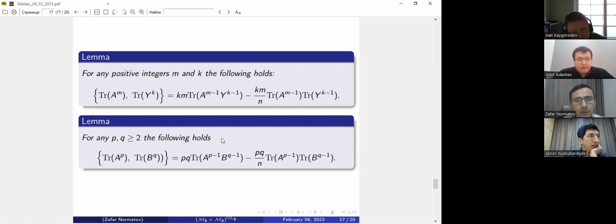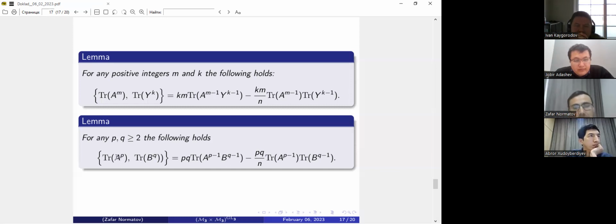What do you mean, Jobir aka? If in this second lemma we put 1 instead of q or p, does it become wrong? No, it is not wrong, equality holds on both sides. For example, let's take q equals 1, right? When p and q equal 1, then we have the trace of A or trace of B. So by the definition, A and B are traceless matrices, right?